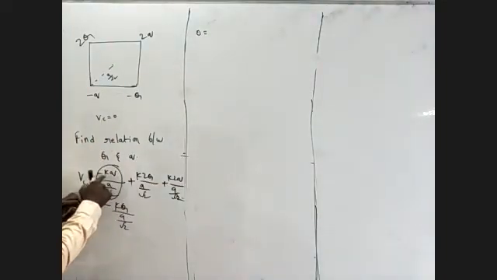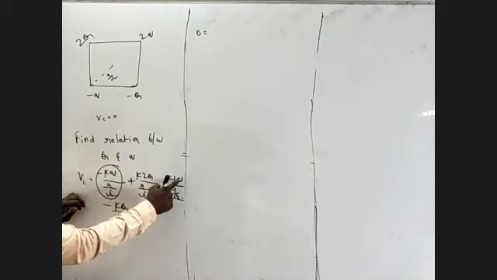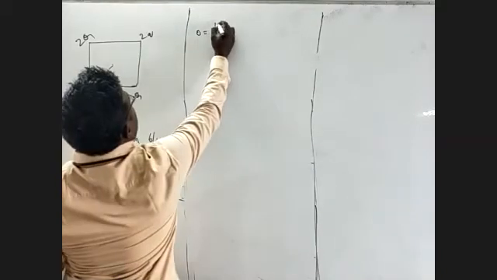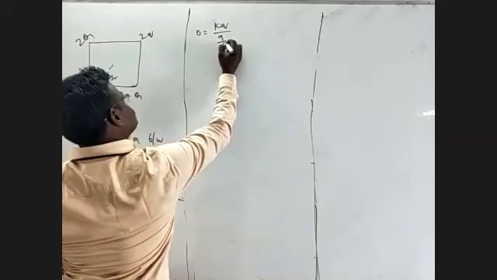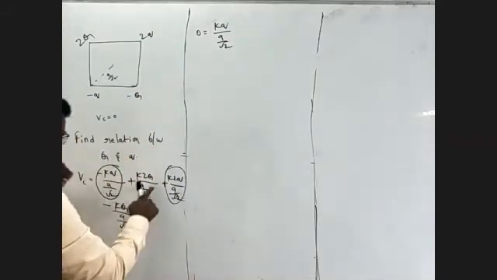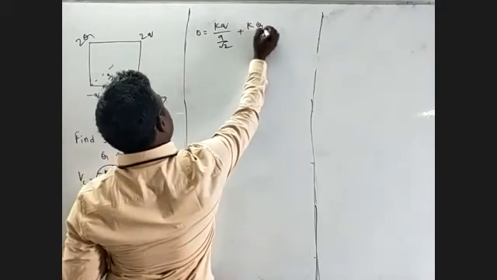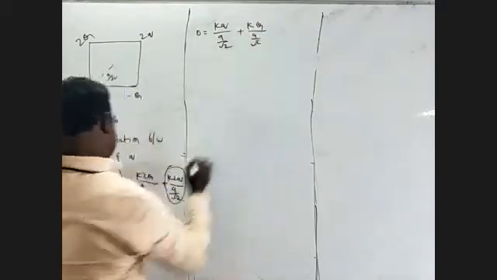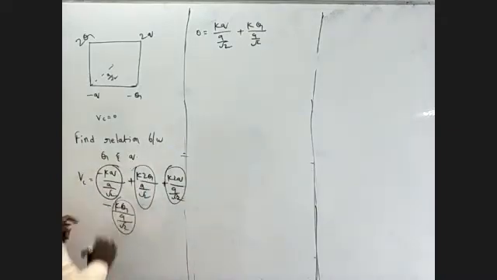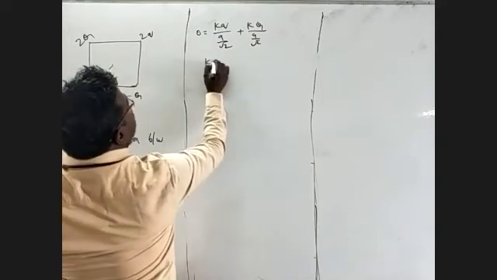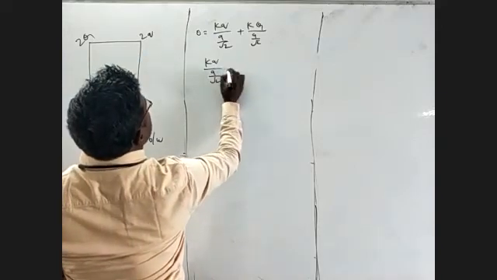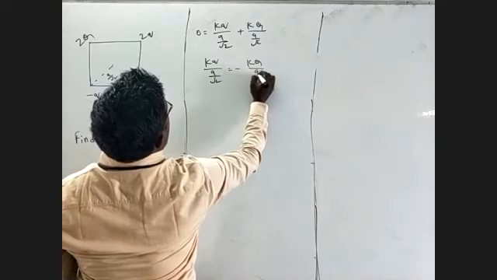This is minus kq by a by root 2, and this is plus 2kq by a by root 2. So kq by a by root 2 is equal to minus kq by a by root 2.